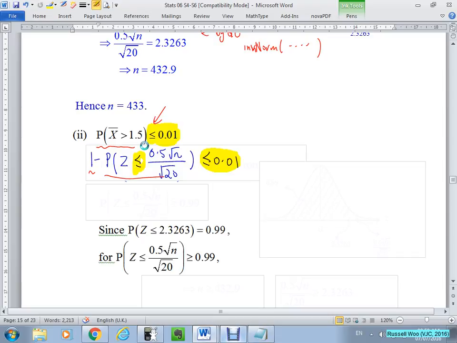Now, after that we do the normal thing. Be very careful, okay? If you move this thing across and then move 0.01 across, you get probability z smaller than this, must be greater than 0.99.